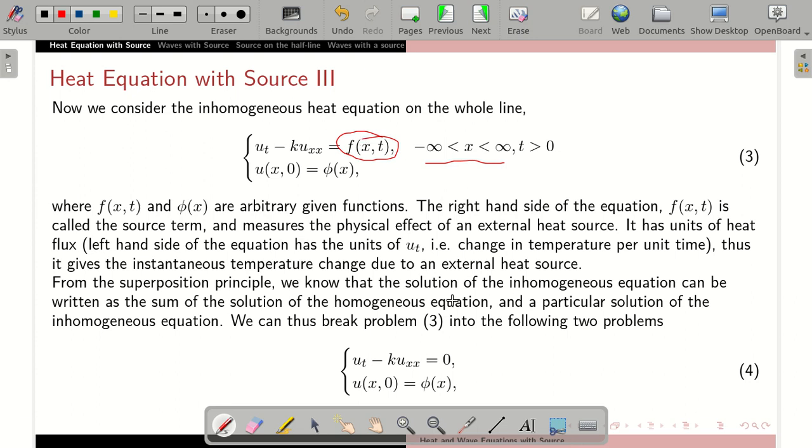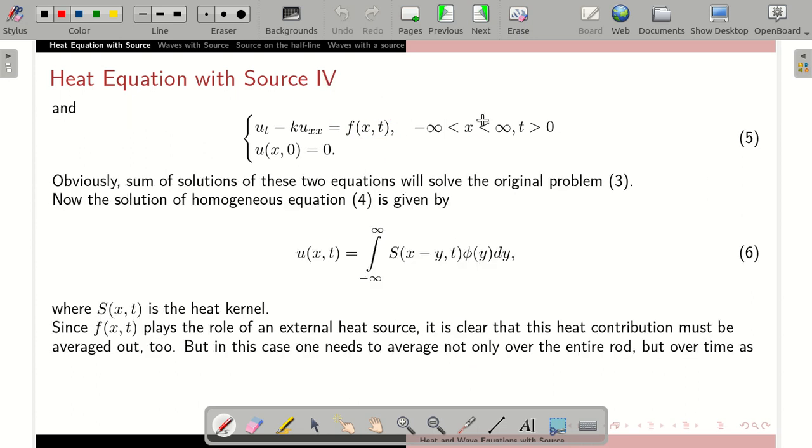So to solve this heat equation we use the idea of ODEs. Firstly we solve the equation without f, that is, you solve the homogeneous one. Then we find one particular solution by taking the right hand side f, that is, you find one particular solution of this non-homogeneous equation, which is given by equation 5.